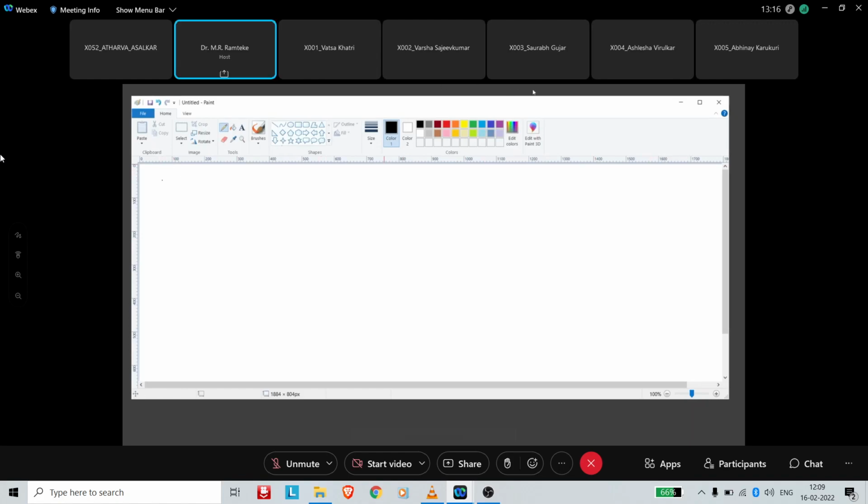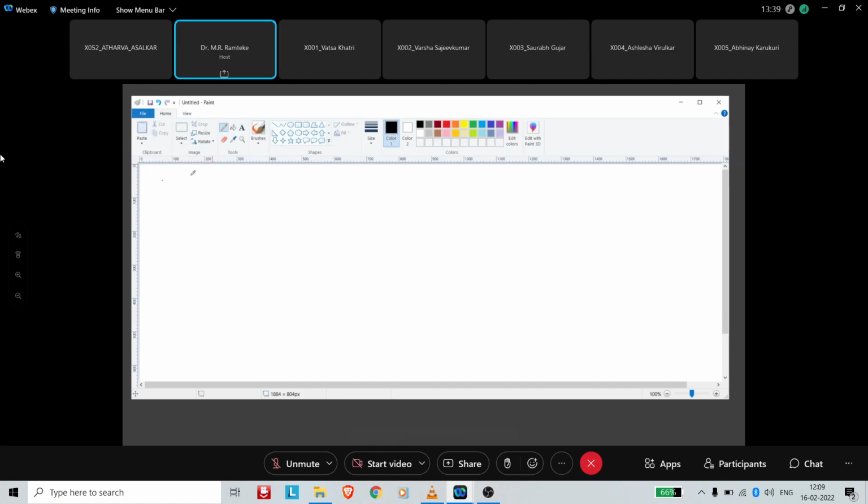Okay, so we have already studied regulation. As you know, load regulation depends on two conditions: the load condition, half load or full load, and also the power factor of the load. These are some factors which we studied in the last class.